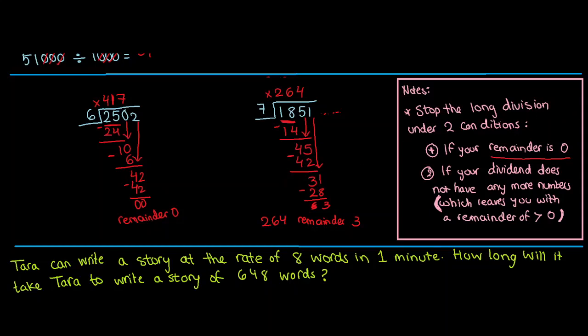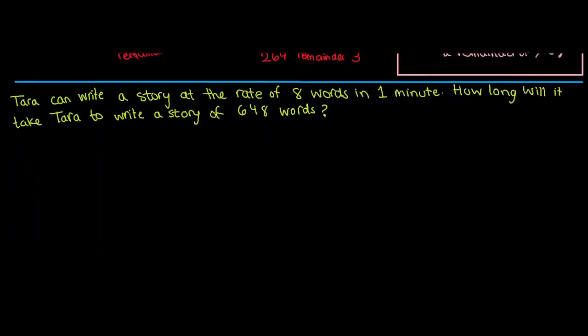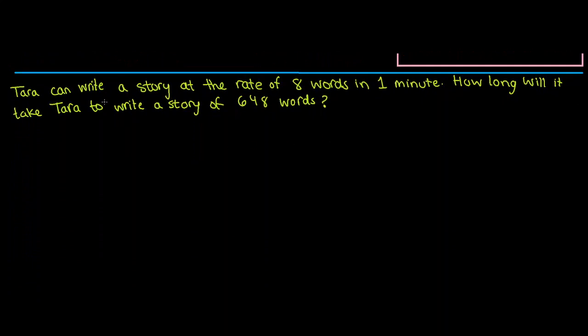Let's have an example problem-solving question here. Tara can write a story at the rate of 8 words in 1 minute. How long will it take Tara to write a story of 648 words? So in 1 minute, Tara can write 8 words.